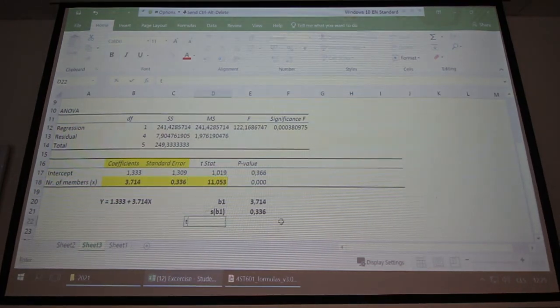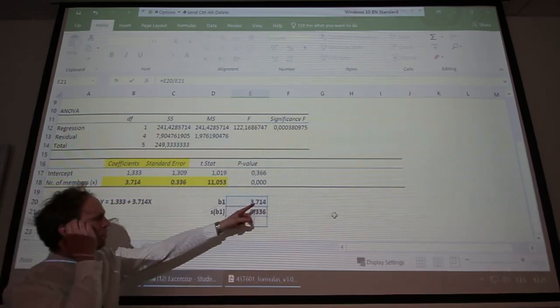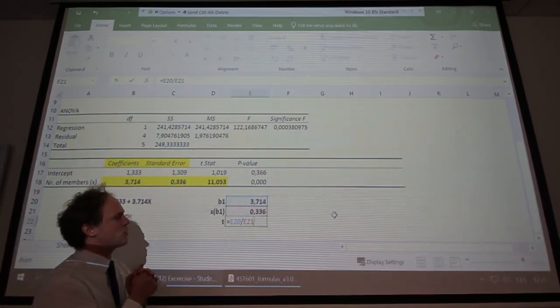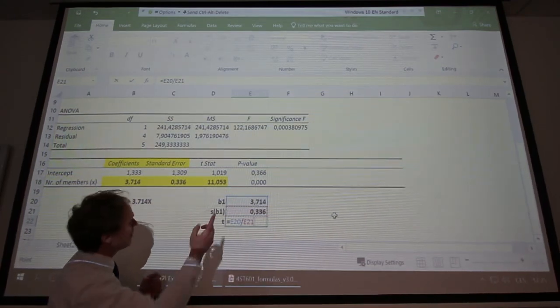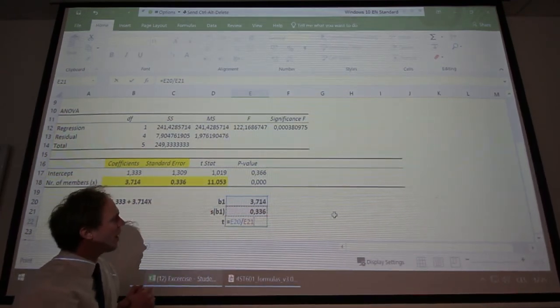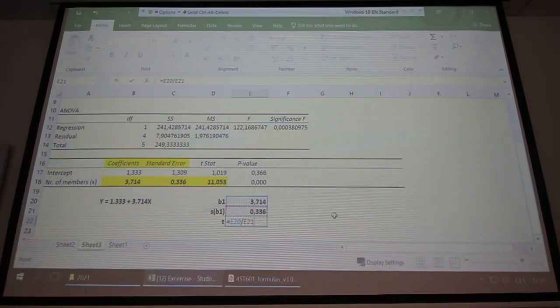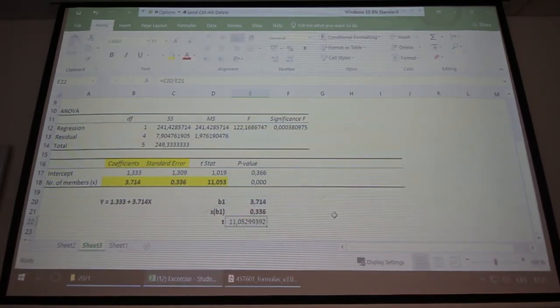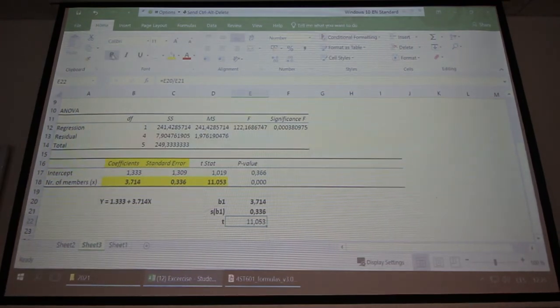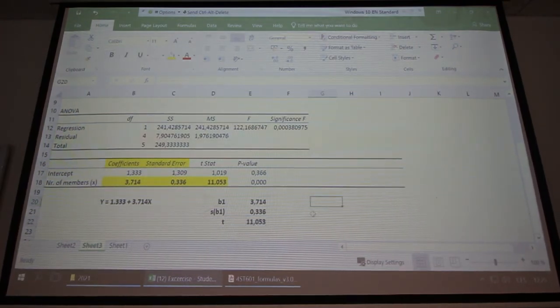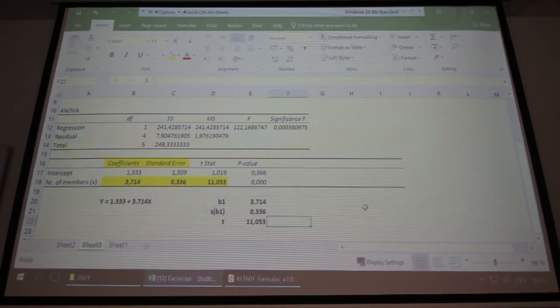So the value of statistic T can be calculated as the ratio of 3.714 and 0.336, which will be equal to 11.053. I will decrease decimals, and you can see that we have here the same result.